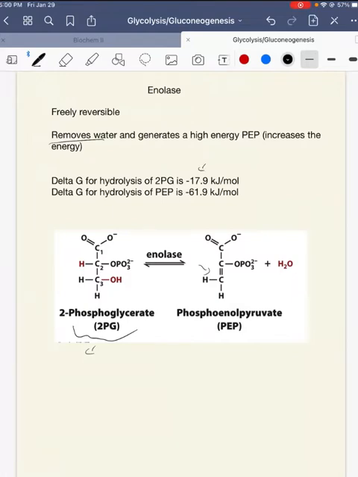But when we remove the water and add the double bond, we end up with a molecule that has a delta G of negative 61.9 when it's hydrolyzed. So this enzyme is freely reversible, but we mainly just do it to make a higher energy molecule. So this is your phosphoenolpyruvate, or you can just call it PEP for now.